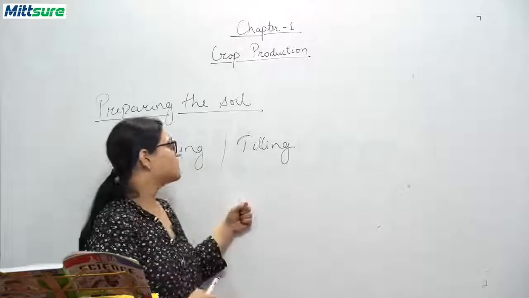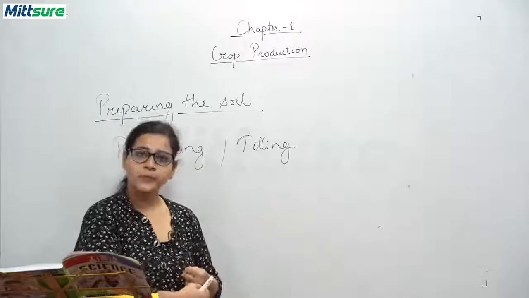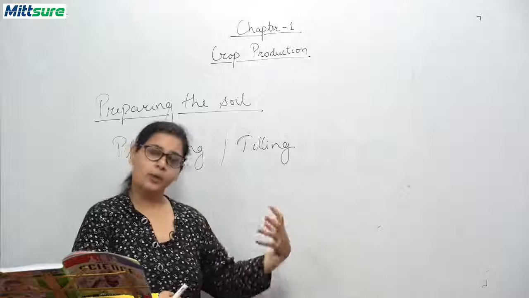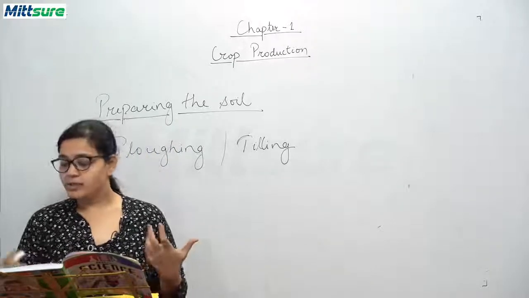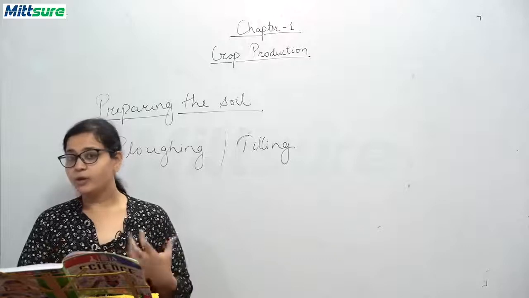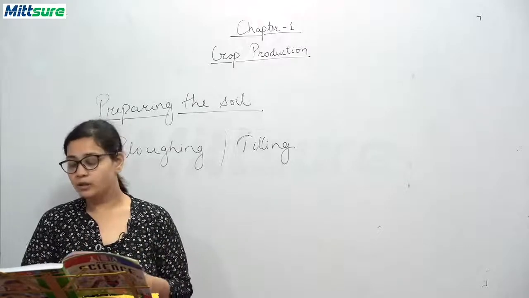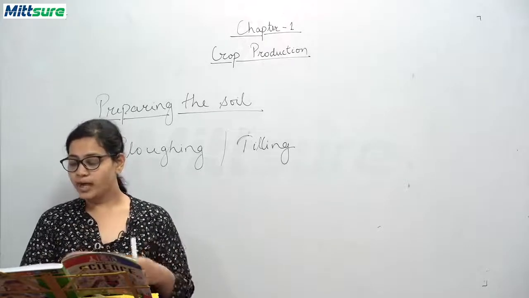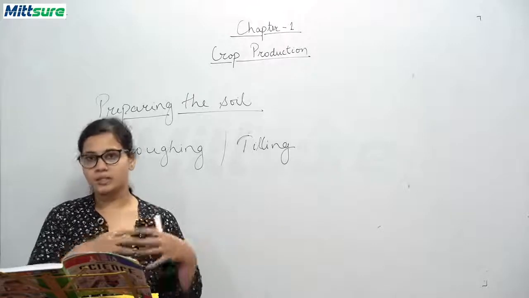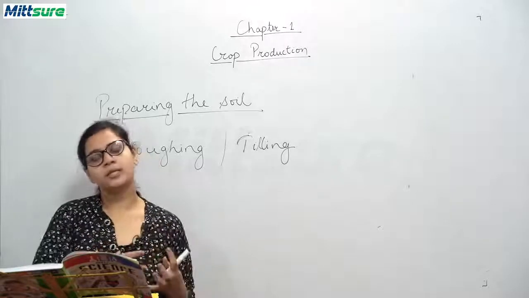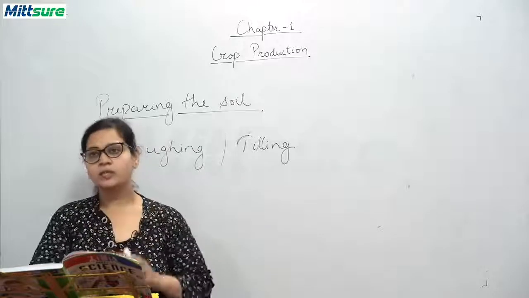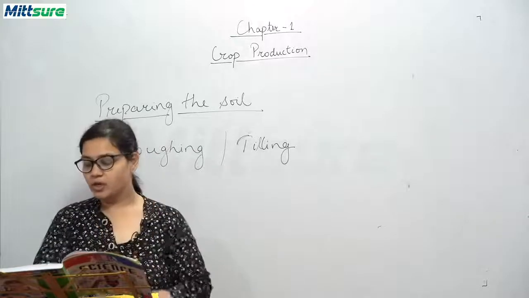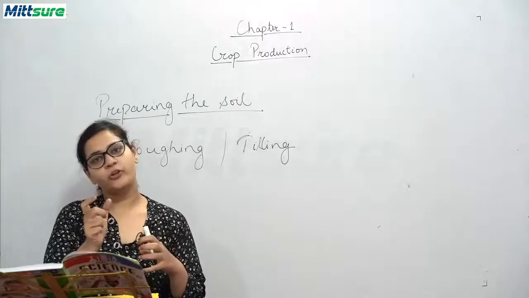Now we will discuss different equipment which is used for plowing. You can use a plower. As you can see in the image given in your books for plower. This plower has two parts. It has a plower share and it has a plower shaft. This plower share is a triangular metal object which has an iron strip on it.